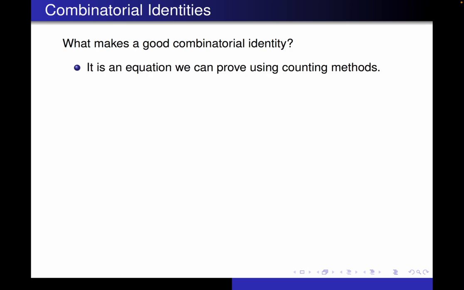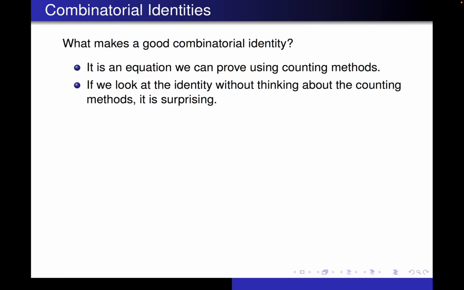So first of all, it should be an equation that we can prove using counting methods. It's combinatorial after all, so we should be able to count in order to prove it. And the second thing is, when we look at the identity without thinking about the counting methods, it should be surprising. Right? If you were to look at M times N equals M plus N choose 2 minus M choose 2 minus N choose 2, before I even mentioned sandwiches and salads, that is the craziest looking equation you could possibly imagine.